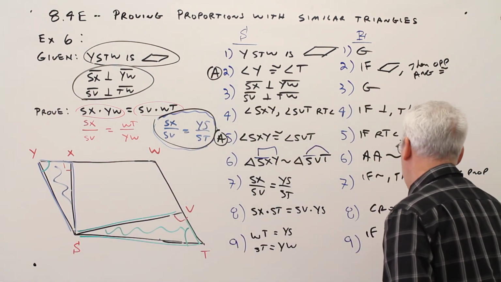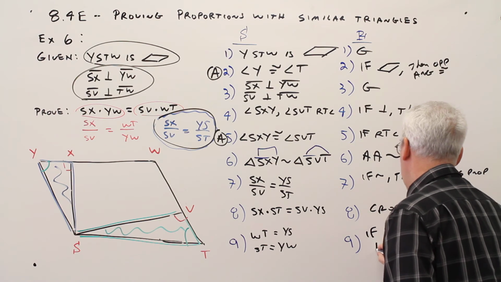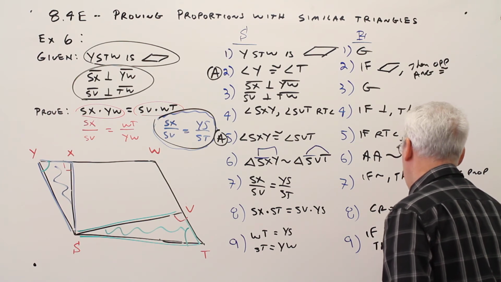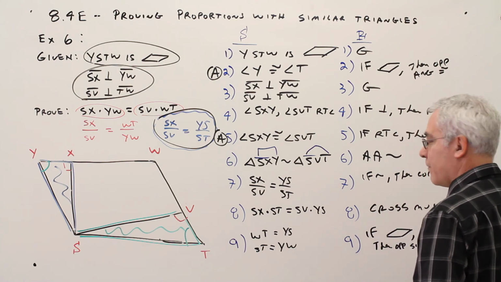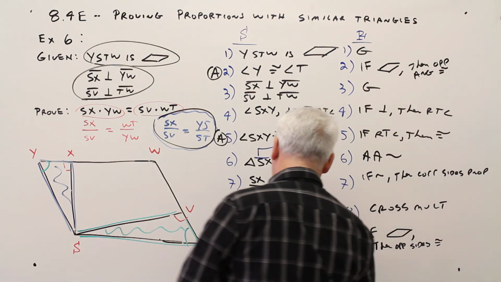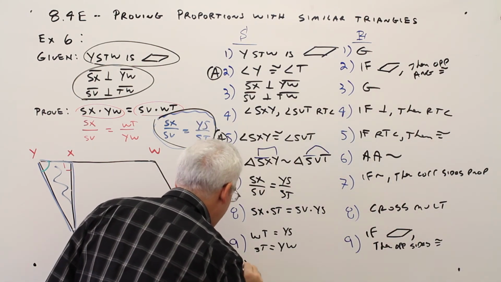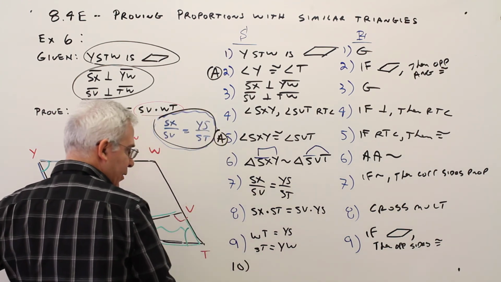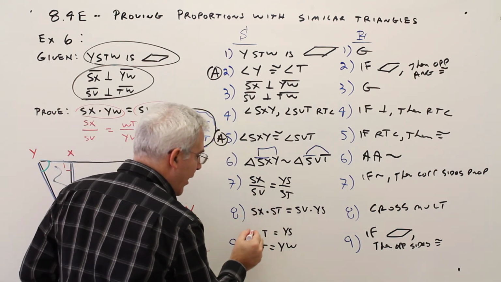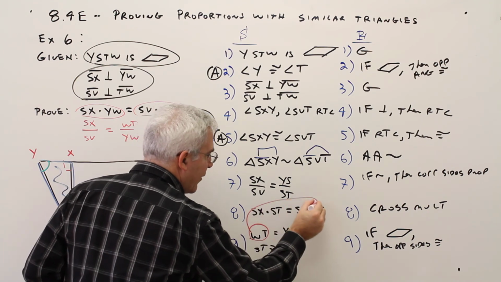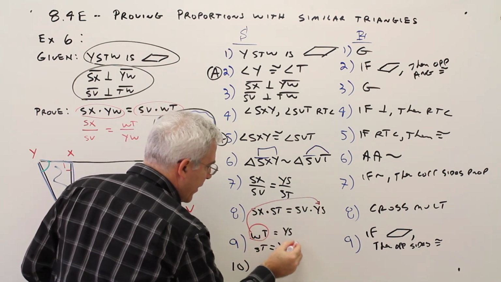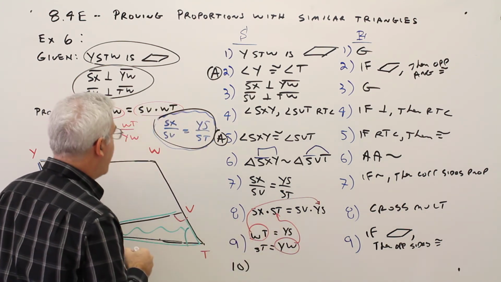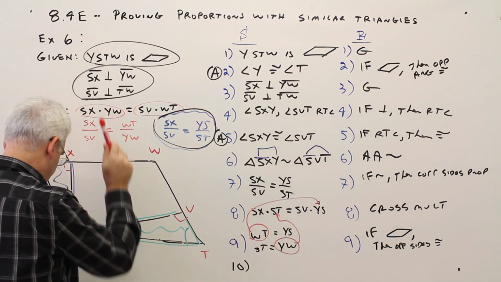If we're a parallelogram, then opposite sides are congruent or have the same distance. And then finally, step 10, I apologize. All I'm going to do is, wherever I have a YS, replace that with a WT. Wherever I have an ST, replace that with a YW. And that should get me what I want.